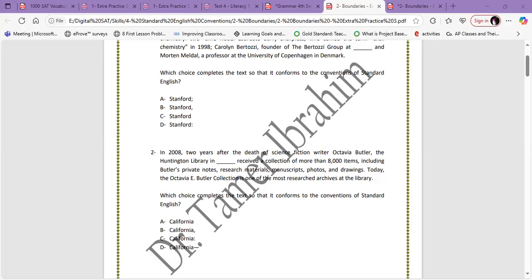Unfortunately, three got it wrong. It's fewer than the first one.